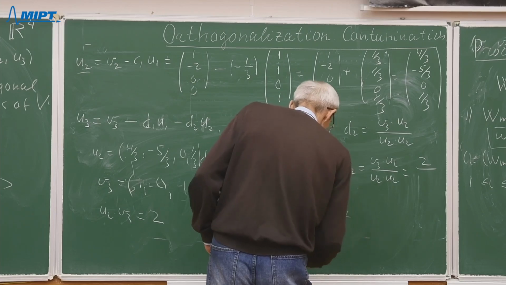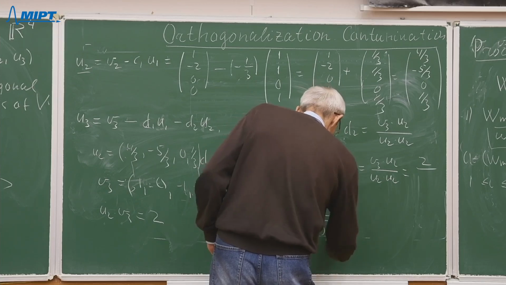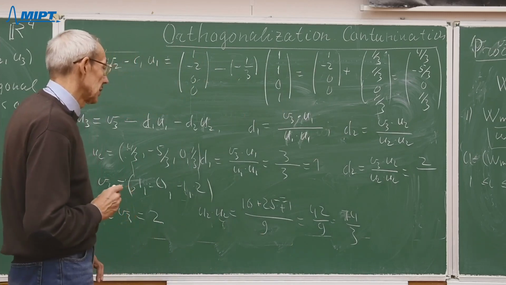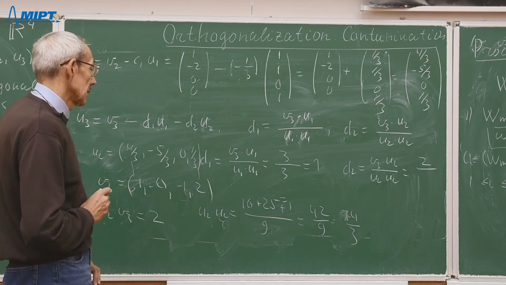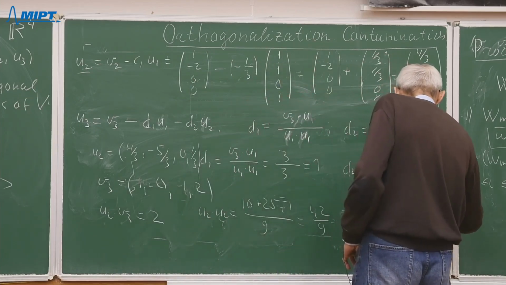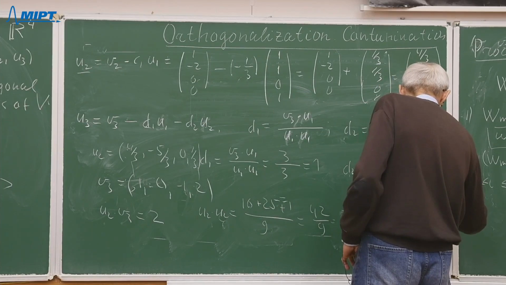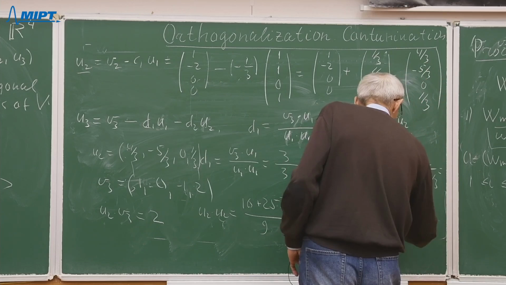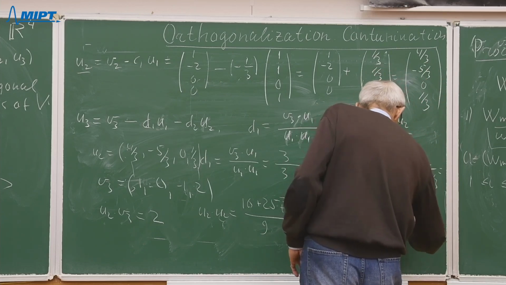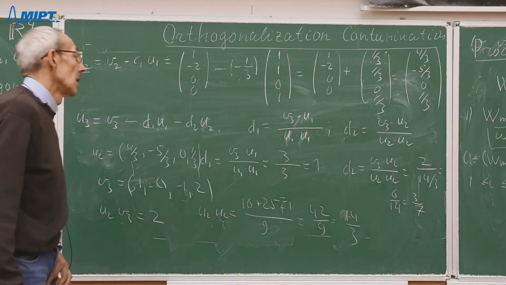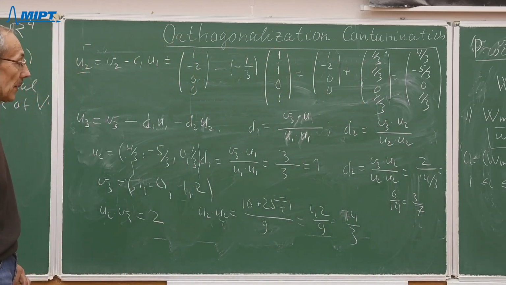Seven. The ratio 14, 3, and we obtain that D2 is equal to the ratio 3, 7.